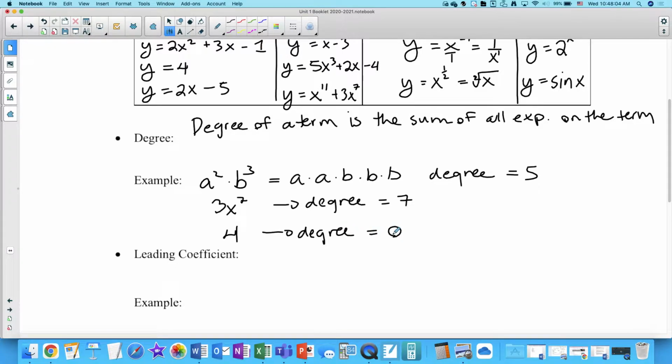The degree of a polynomial, because we just talked about degree of a term, and there's often many terms in a polynomial. Degree of a polynomial is the highest degree amongst all the terms.